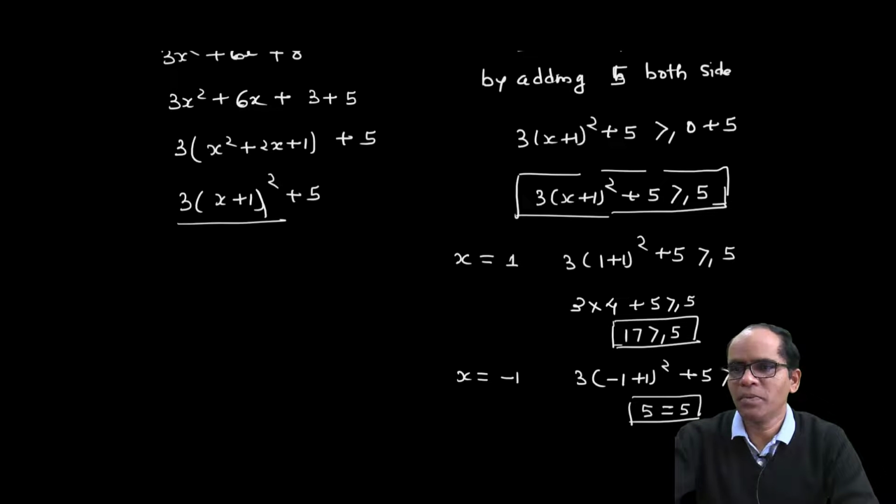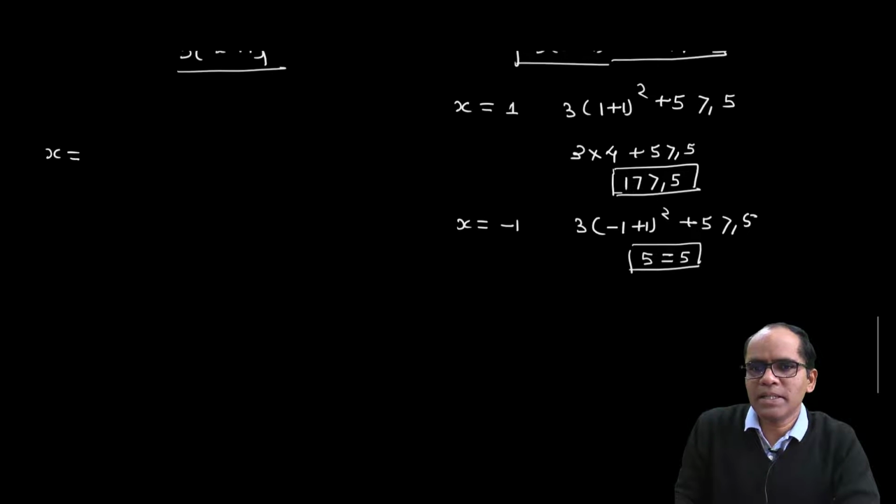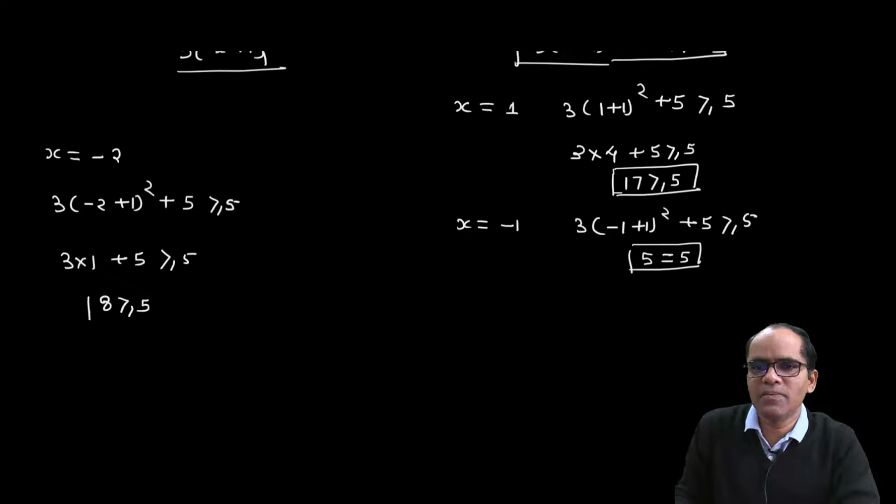Now we will put one more value here to check our condition. Suppose we put x equal minus 2. So this will be 3(minus 2 plus 1) square plus 5 is greater than equal to 5. So minus 2 plus 1 becomes minus 1, squared is 1, 3 plus 5 is 8, which is greater than equal to 5. Okay.